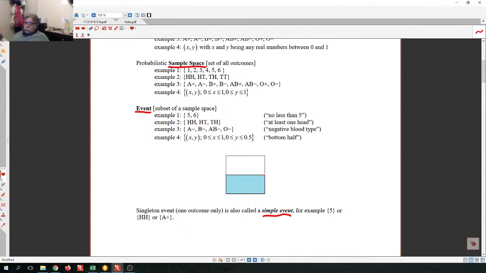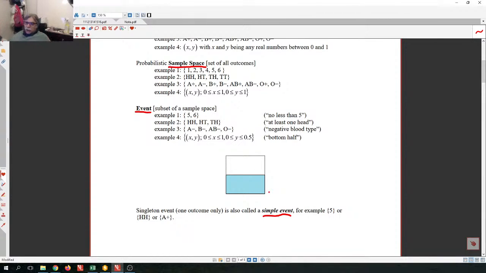The reason the probability could be 0, even though the event is not empty, is very simple: I'm using the area to describe the probability here. So the area of the event is the probability of the event.